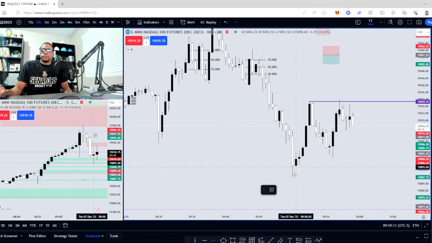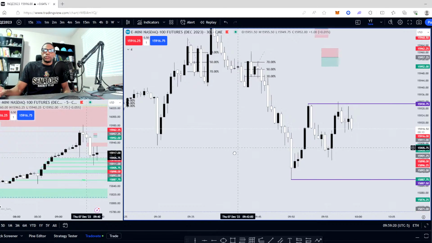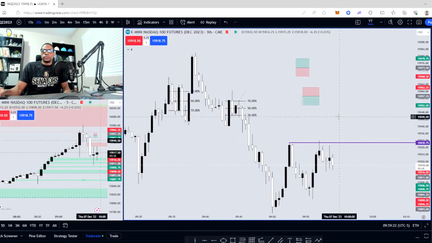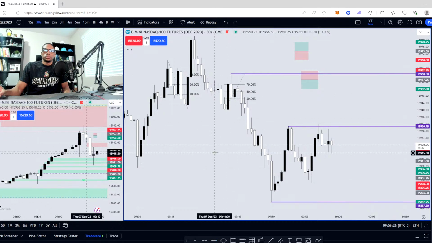Now, the third step is to create a new low. So that's our next step. That's what we're waiting for. If it does not create a new low and we start to see higher prices, we are not bullish until surpassing this level.